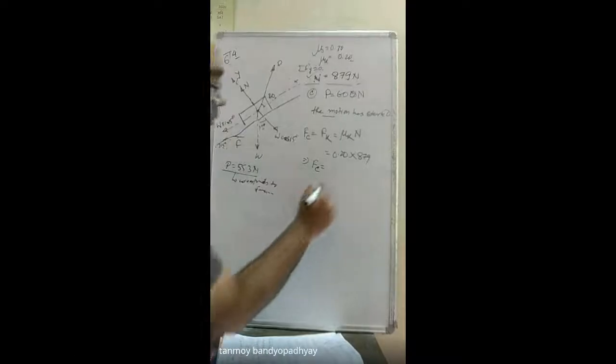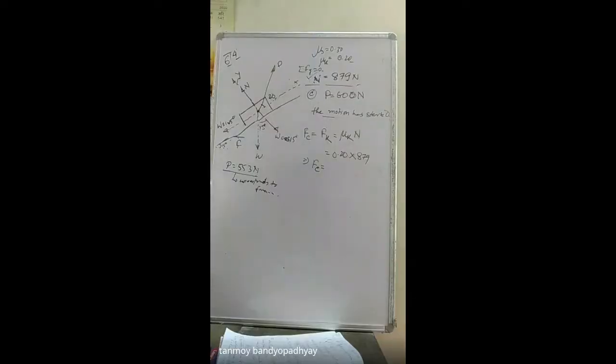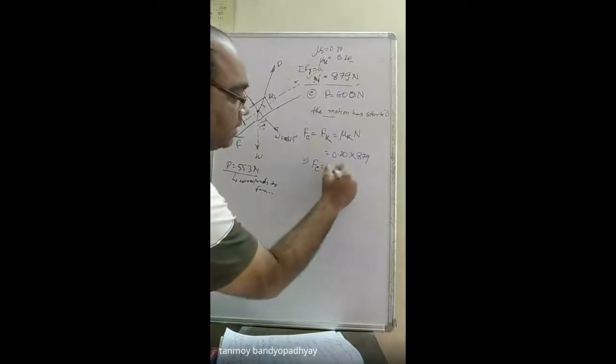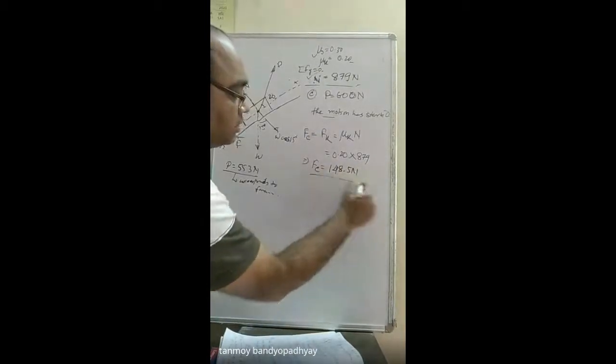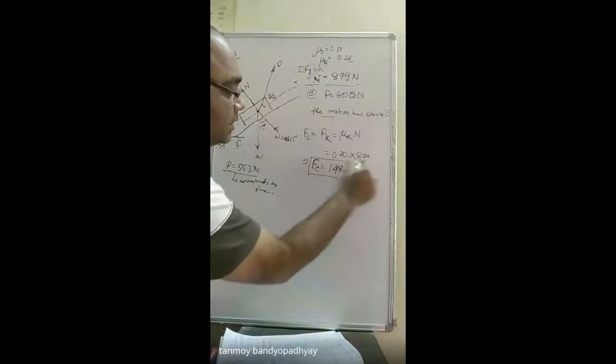দেখো, এটা একটু ক্যালকুলেট করো। স্ক্রিনটা চলে গেছিল, এখন চলে এসেছে। So FC টা চেক করো, what is the value of FC you are getting? কত আসছে এটা? দেখো এটা আসছে 175.85 newton. So you should be getting something like this. Just check.